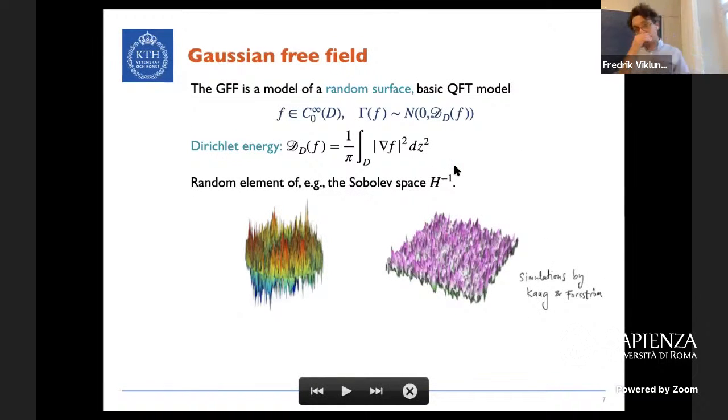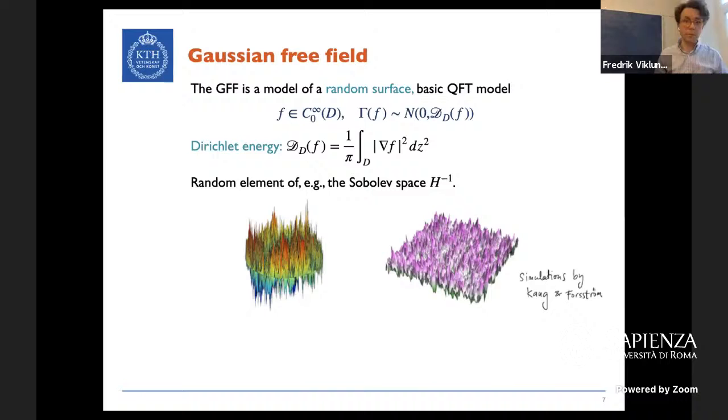So the second main player is the Gaussian free field. So this is something that's also very well known to probably most of you, or maybe all even. But anyway, let me say a few words about it. So it's a canonical model of a random surface. But it's not really a function.